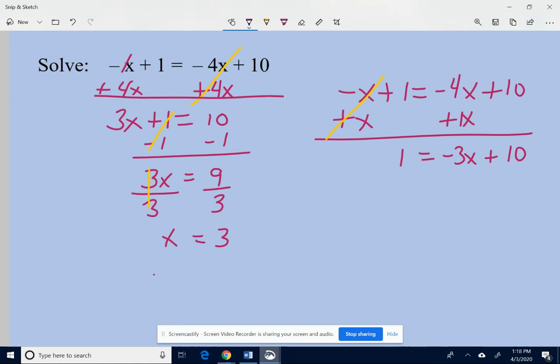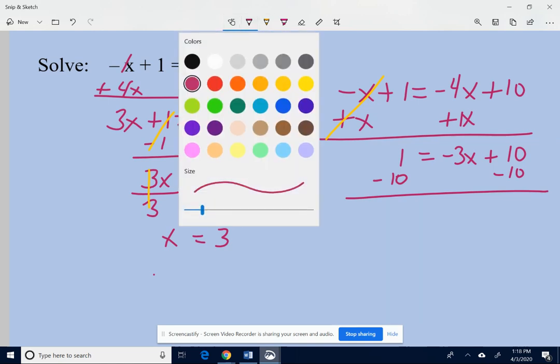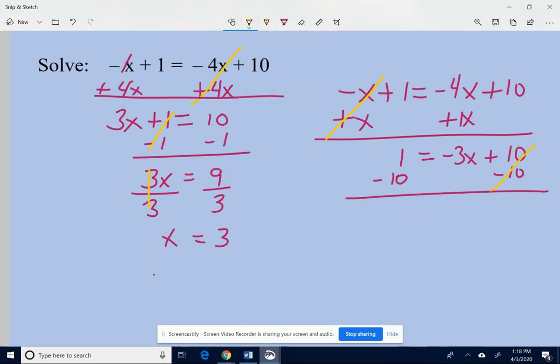Now we need to get rid of the added 10 by subtracting 10. 1 minus 10. If that confuses you, think of it as 1 plus a negative 10, which is negative 9. We have negative 3x on the right.